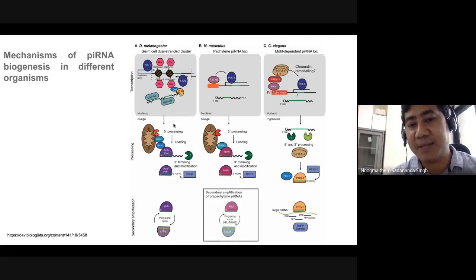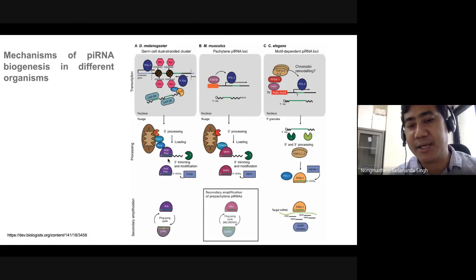In the cytoplasm it is processed by different complexes. In Drosophila, one of the main important enzymes is Zucchini, which is mitochondrially localized and recruits other factors so that the primary piRNA matures.